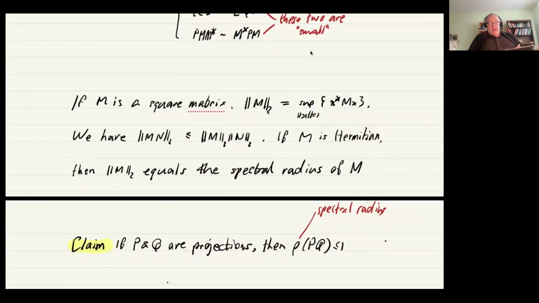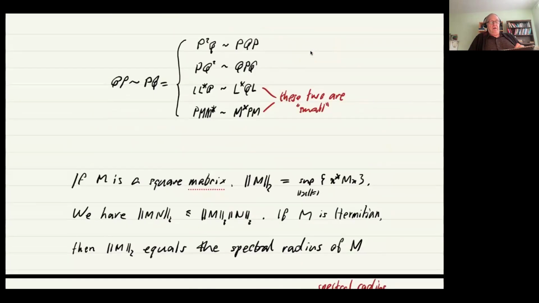What I want to claim is that the spectral radius of PQ is less than 1. Now, PQ has the same non-zero eigenvalues, same multiplicities as PQP, and this is quasi-semi-definite. So the eigenvalues of PQ are non-negative real numbers.